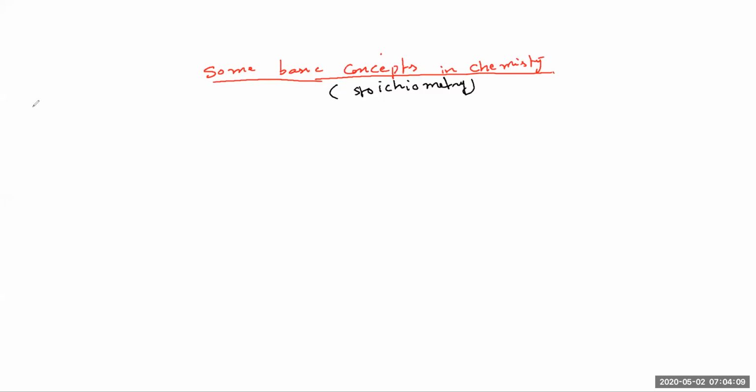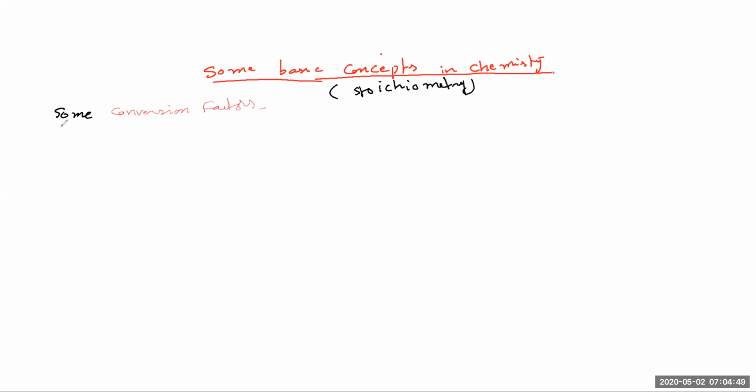Some conversions. Some conversion factors.